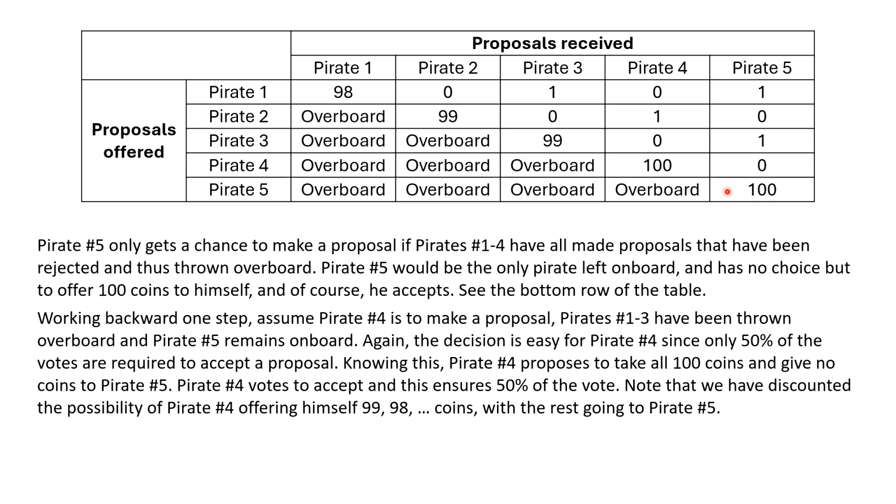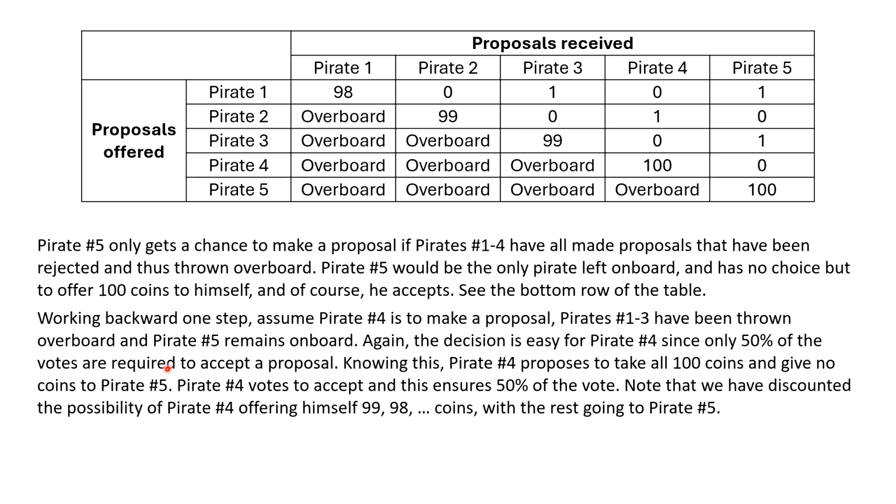So that gives us the bottom row down here. In other words, these 4 pirates have been thrown overboard. There's 100 coins left, and pirate number 5 proposes 100 coins to himself, and then votes on his proposal. So that's kind of easy.